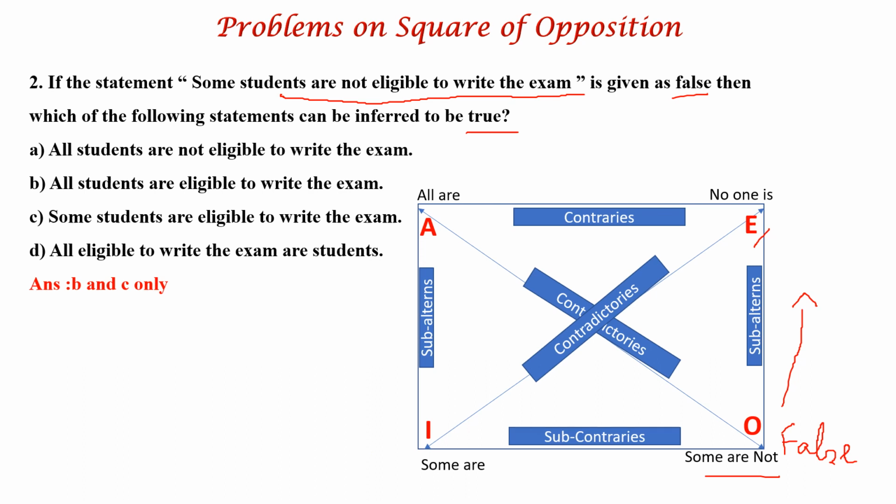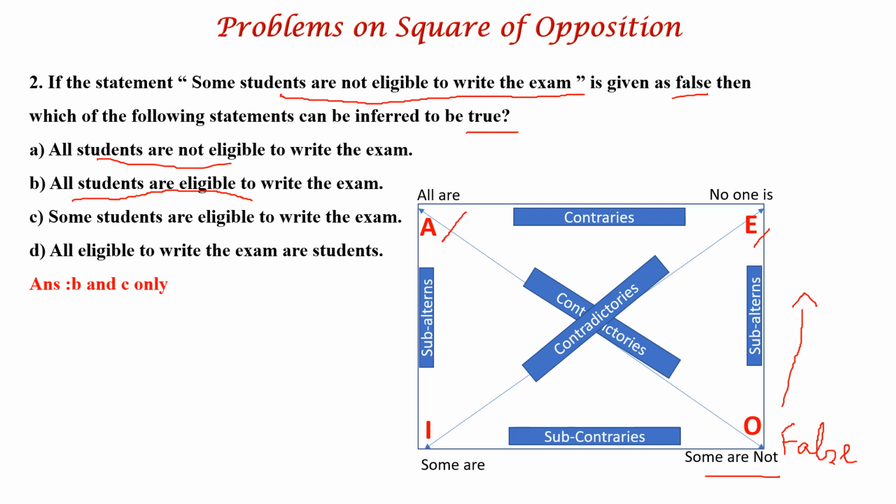And see this statement. O with A type is contradictory. So find out what is the A type. A type, all are, universal positive. Which one is universal positive? This is universal negative, so we don't want that. And all students are eligible. This is universal positive.